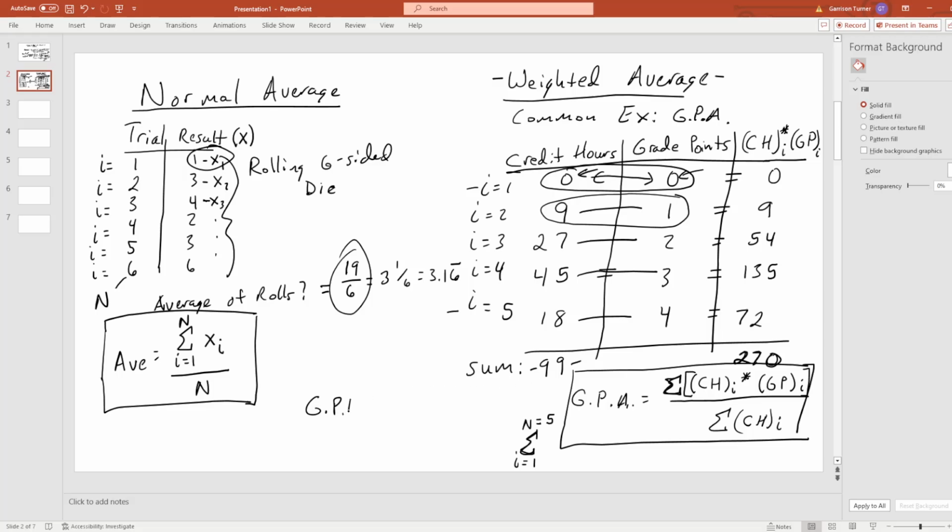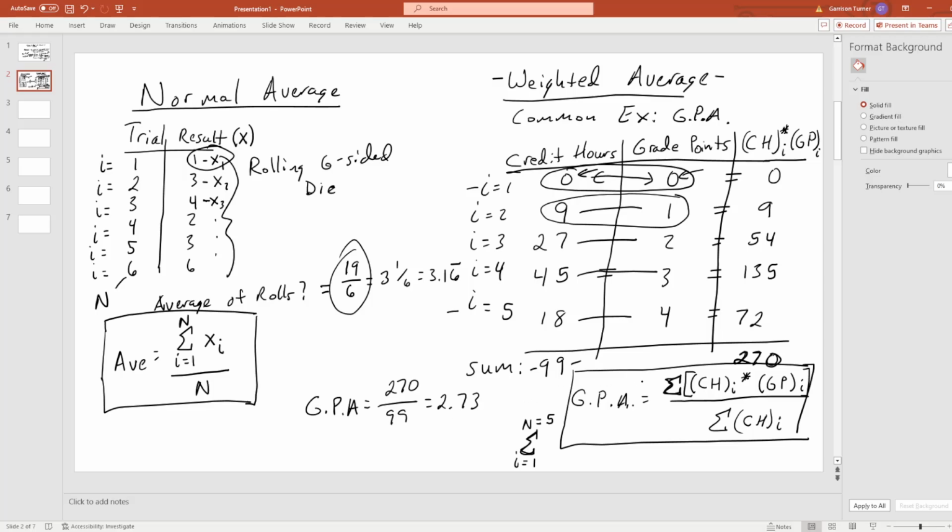So my GPA is going to be equal to 270 divided by 99, which gives me 2.73 to 3 significant figures. So this is a high C average.